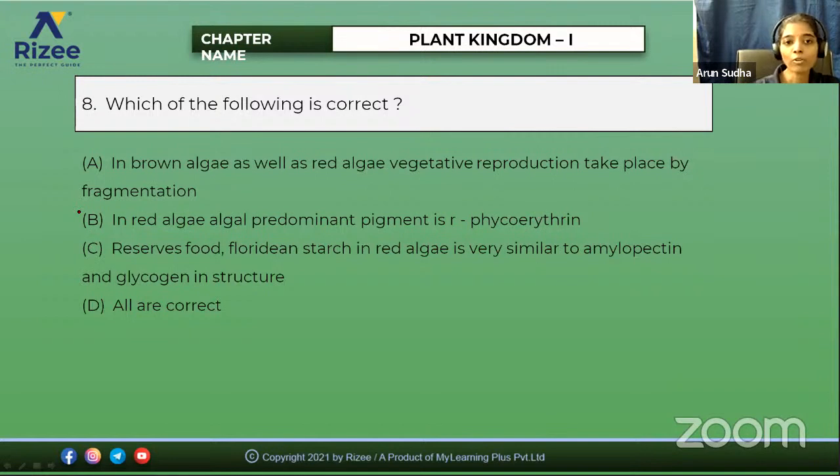Which of the following is correct? In brown algae as well as red algae, vegetative reproduction takes place by fragmentation. In red algae, the predominant pigment is R-phycoerythrin. The reserve food, floridean starch, in red algae is similar to amylopectin and glycogen in structure. Or all are correct.